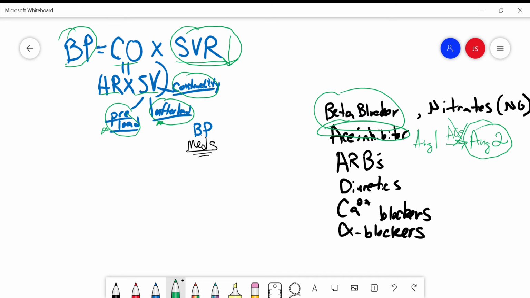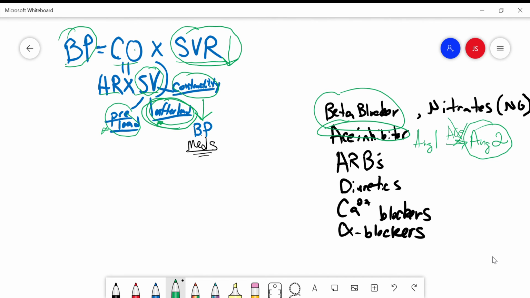So one of the factors we affect is systemic vascular resistance, which is a similar factor to afterload. So this would also decrease afterload. If we decrease systemic vascular resistance and we decrease afterload, that is going to affect our stroke volume, making our cardiac output more efficient.